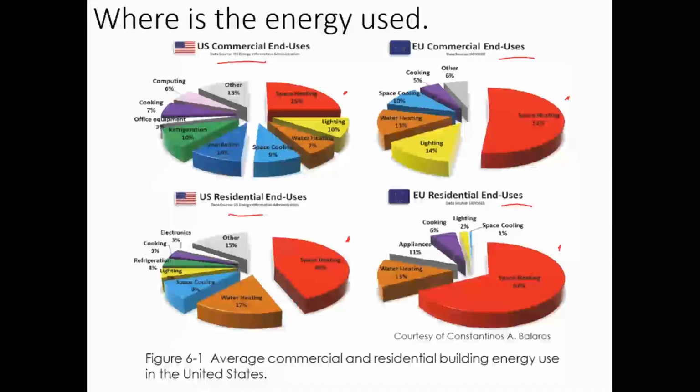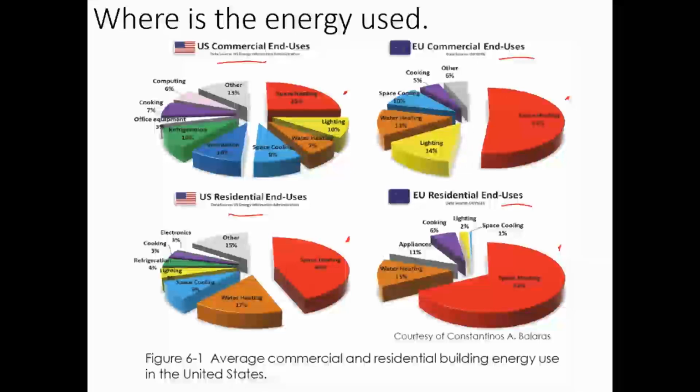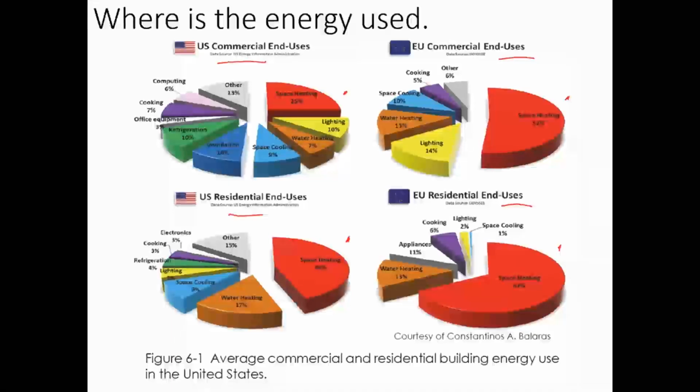So for both residential and commercial buildings, notice in the US, HVAC is a very substantial portion of the energy budget. So upwards of 40 to 50% of our energy in buildings is HVAC. We've got space heating, space cooling, and ventilation. That's a big chunk of our energy budget right there.